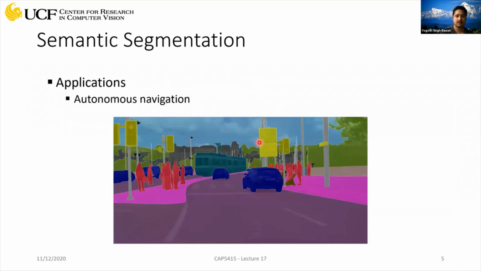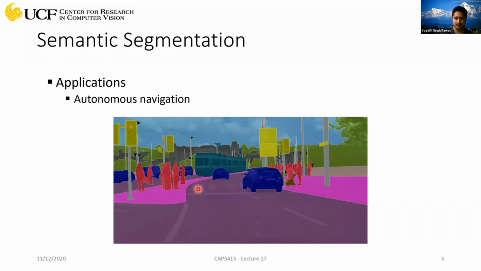So for autonomous navigation or self-driving cars, you will have different kinds of sensors and cameras in your car, which will allow the car to make a judgment of what the different objects present in the surroundings or on the road are, right? To make sense of that, you'll have to perform some kind of semantic segmentation like this.